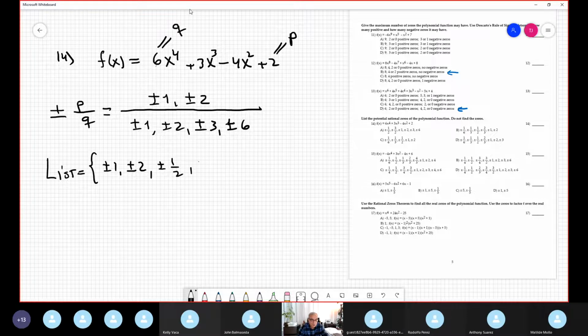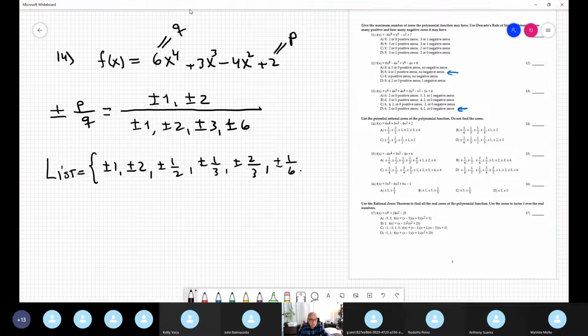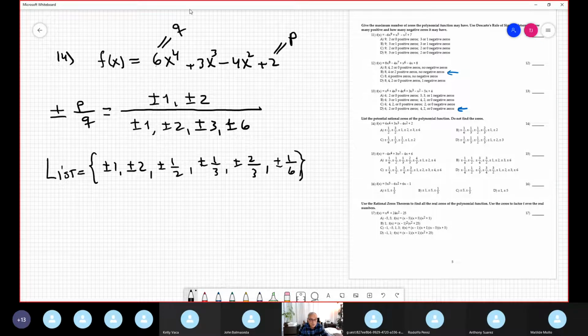Entonces, the second is plus or minus 1/3 and plus or minus 2/3. Okay, it's 1/3, 2/3. Comma, 1/6, comma 2/6 is 1/3. No necessary repeat again this. Entonces, the answer is plus or minus 2, plus or minus 1, plus or minus 1/2, plus or minus 1/3, plus or minus 2/3, and plus or minus 1/6.